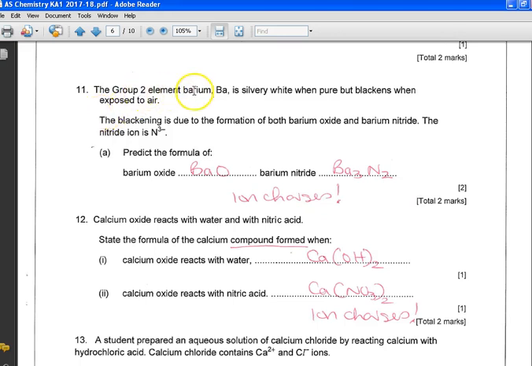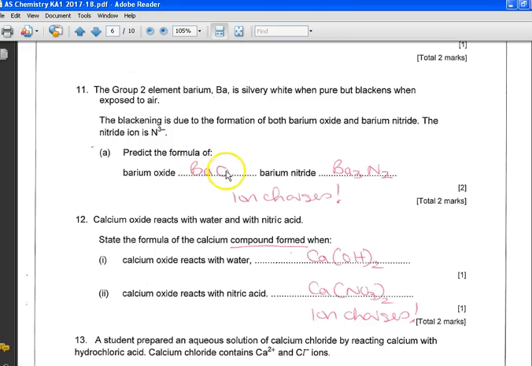Okay, group 2 element, barium. So you know it's in group 2, so it's going to form a 2+ ion. And it tells you that the nitride ion is N3-. So even if you're not familiar with nitride, it's got it written in the question. So use that information.